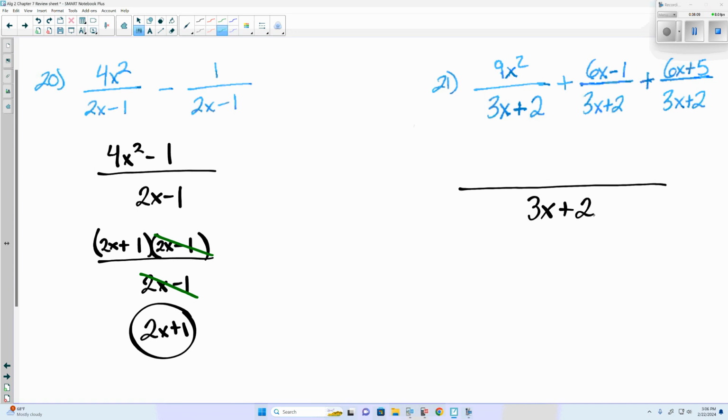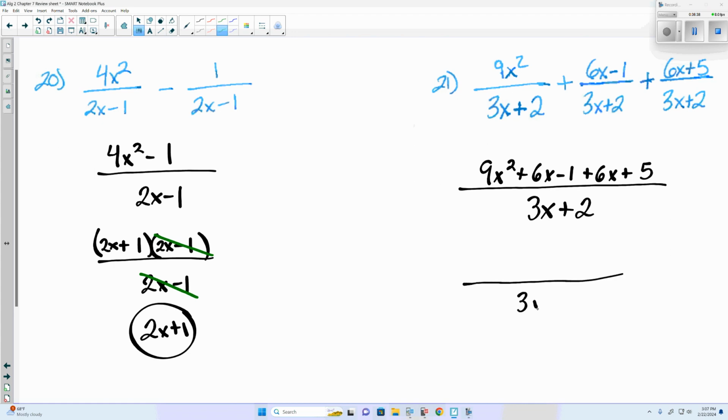If the denominators are the same, we can go on and add or subtract the numerators. It doesn't matter what the denominator is, if it's just a single expression or two sets of parentheses that are the exact same under each fraction. If they're already the same, we can add and subtract our numerators. Here, they're all 3x plus 2, so we can add the numerators together.